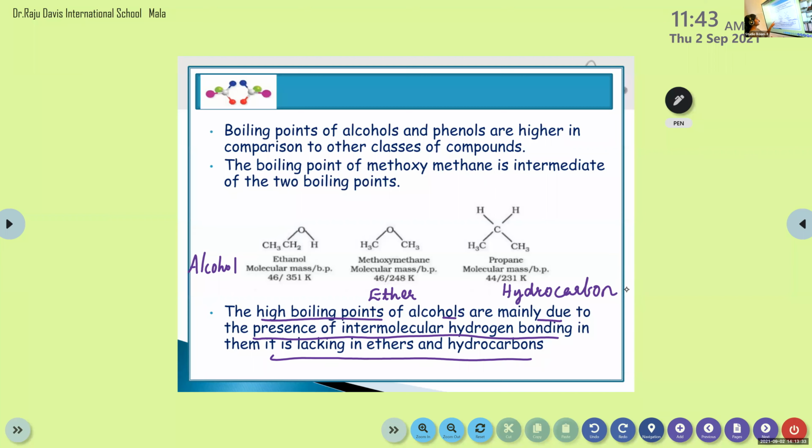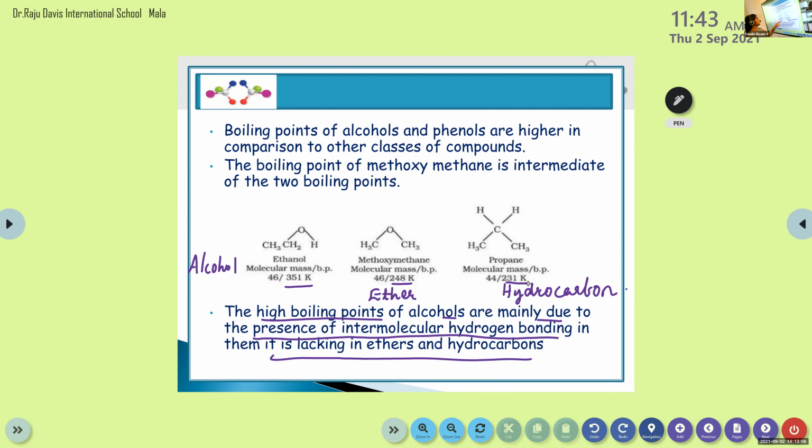So we can compare these three compounds. Then look at the boiling points given here. In the case of ethanol, it is 351 Kelvin. In the case of methoxymethane, it is 248 Kelvin. And in the case of propane, it is 231 Kelvin. So the maximum boiling point is shown by alcohol, right?